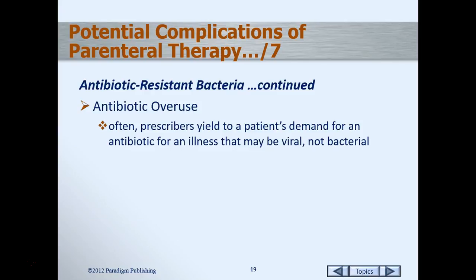Often, the prescribers yield to a patient's demand for antibiotic treatment, no matter what the symptom. If it's a viral infection, the doctor will often give in and give them a prescription for something, because the patients kind of think, I paid my copay, I'm here, I'm sick, you need to give me something. And the doctors kind of give in to that.